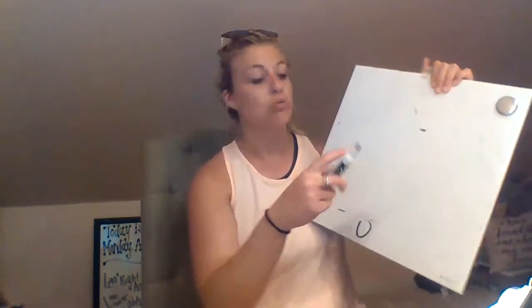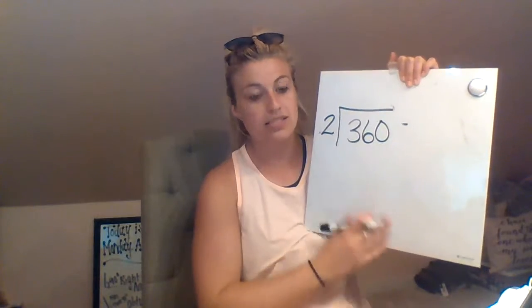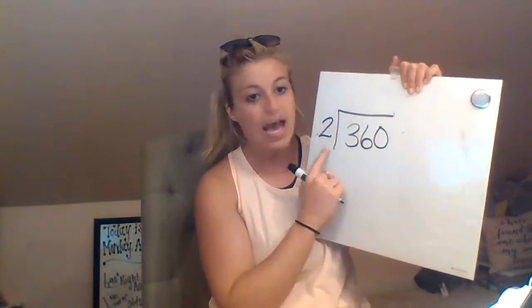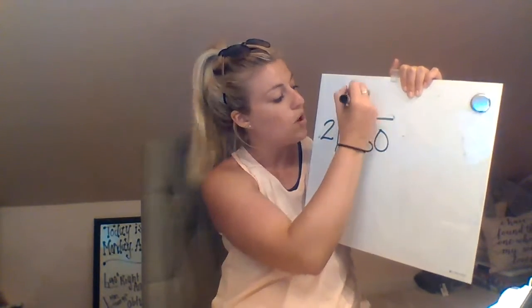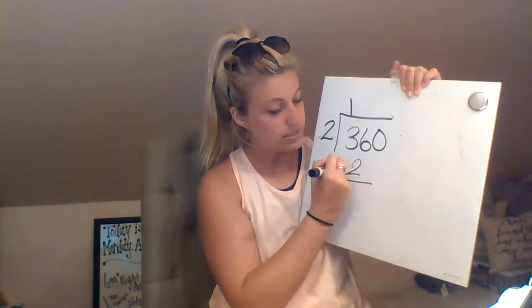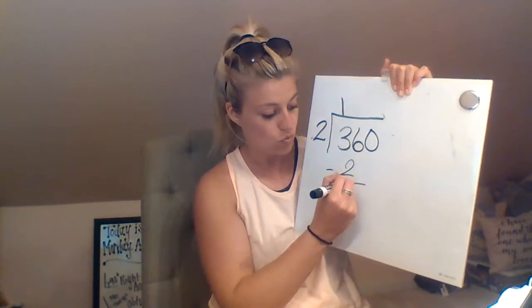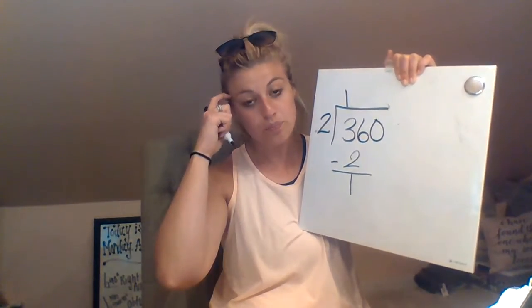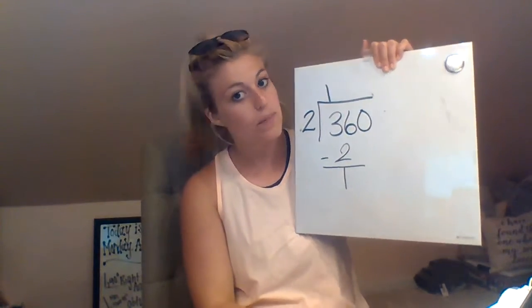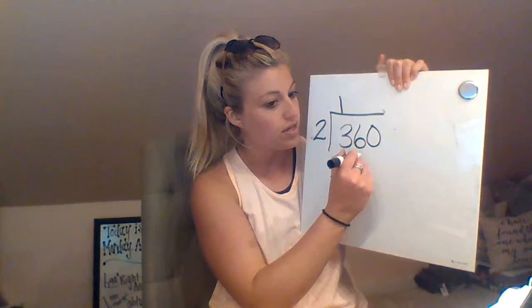So I'm going to do 360 divided by 2. So let's do our division house together. 2 can go into 3 one time. 1 times 2 is 2. Sister says subtract. 3 minus 2 is 1. Brother says bring down, but what am I bringing down? Well, I'm going to bring down the 6.